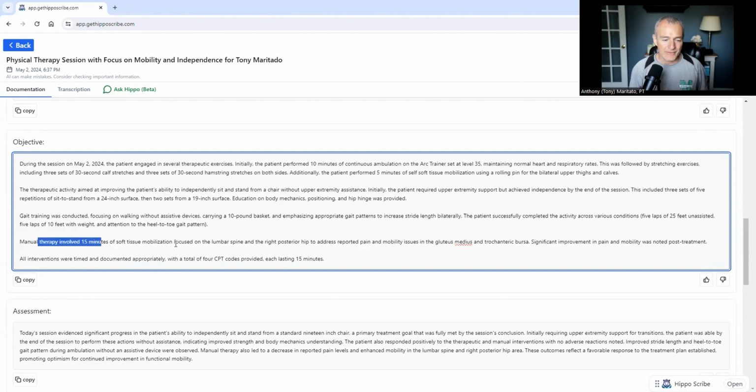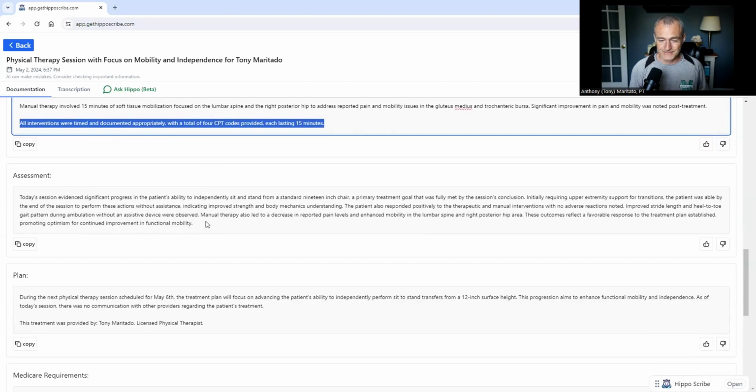Then manual therapy for 15 minutes, soft tissue mobilization, lumbar spine, right posterior hip to address pain and mobility issues in the gluteus medius and trochanteric bursa. Significant improvement in pain and mobility after the treatment. All interventions were timed and documented appropriately, with a total of 4 CPT codes provided, each lasting 15 minutes.